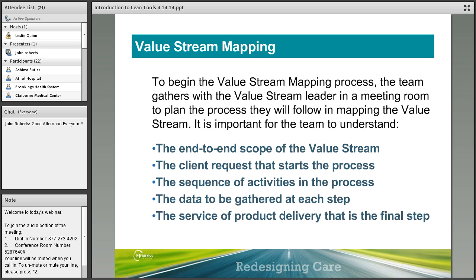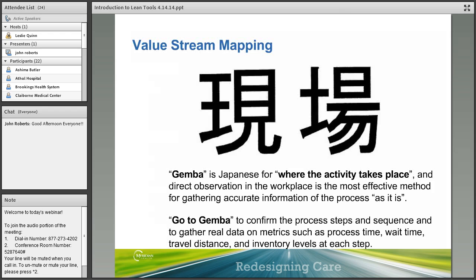We're looking at the data that we need to gather in that particular value stream, whether that's time metrics, whether that's looking at patient or staff satisfaction, and other lean metrics that we'll talk to you and show you. And again, looking at the entire process to the final step of delivery to that particular patient.